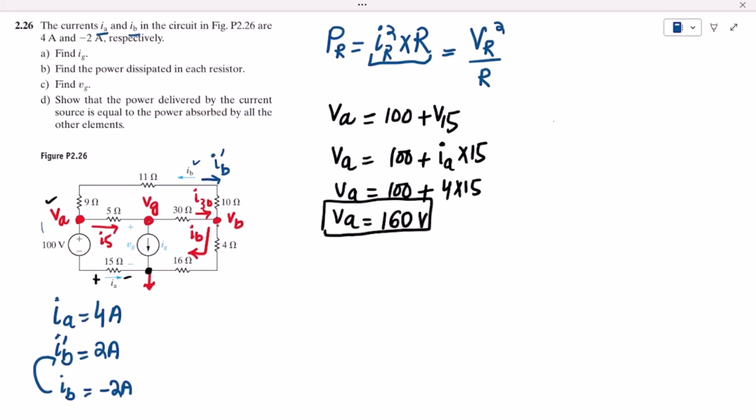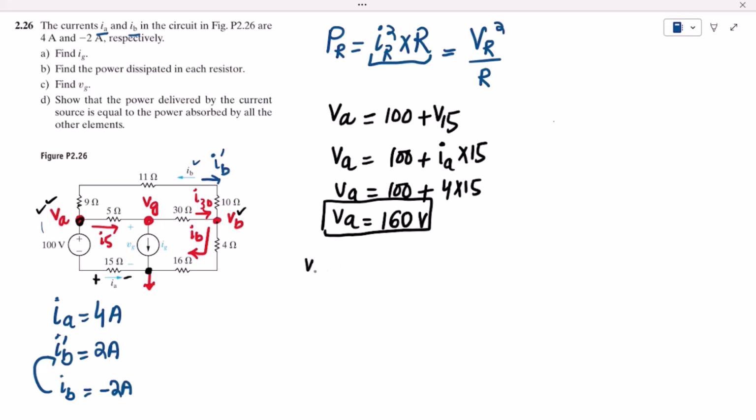Now in order to find the value of VB, what do we have to do? We must have all these values. Here we can see that this is VA, this is VB, this is the applied voltage, while this one is the remaining voltage, and the consumed voltage will be consumed across this 9 ohm, 11 ohm, 10 ohm. So we can again apply the KVL here.